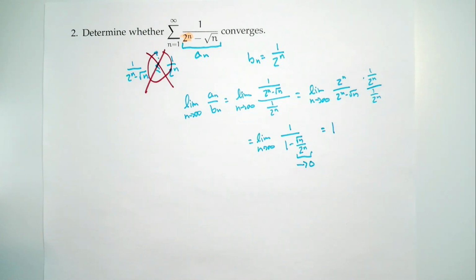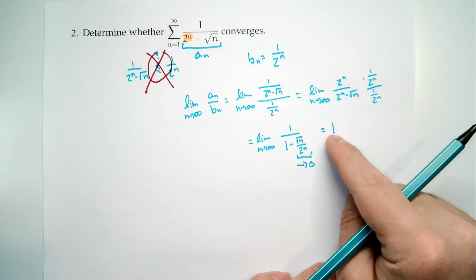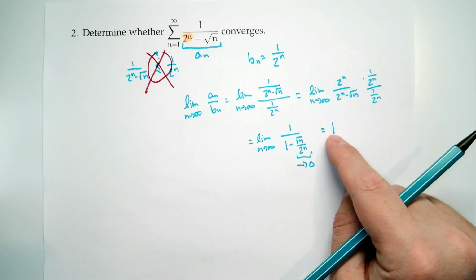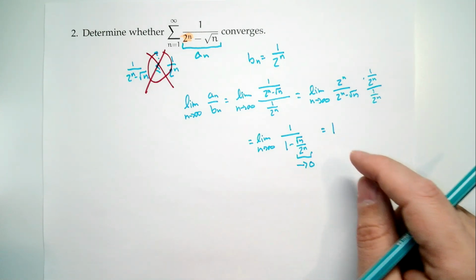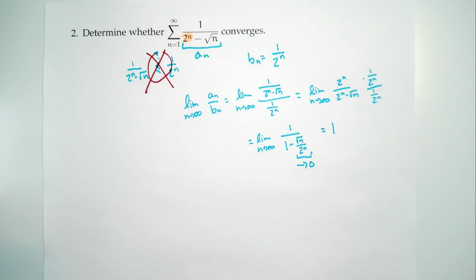Now, if you're not careful, you might say, 1? Oh, no, that's terrible. But wait a second. Got to remember what test you're in. What does the limit comparison test say? It says, as long as you get some number here, any number from 0 to infinity, just some number, that's all we need, then life is good.